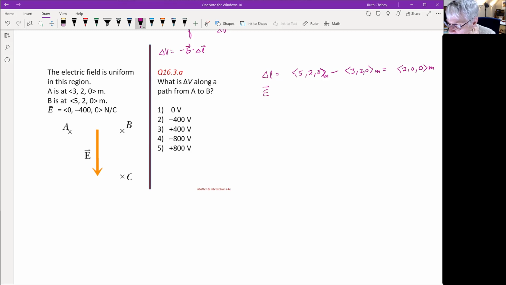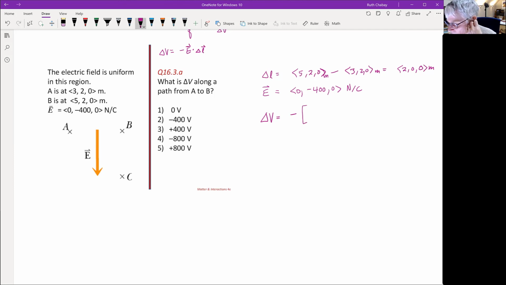And the electric field is equal to 0, negative 400 newtons per coulomb.